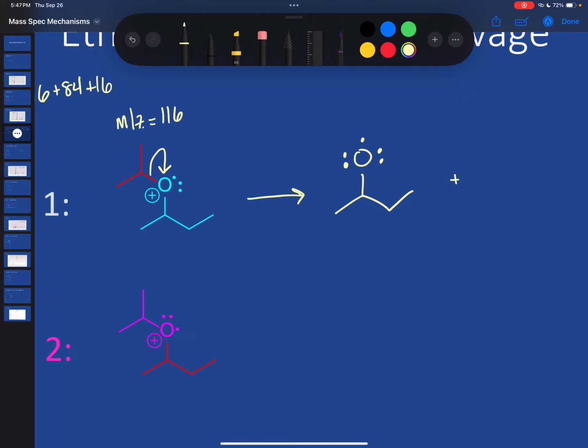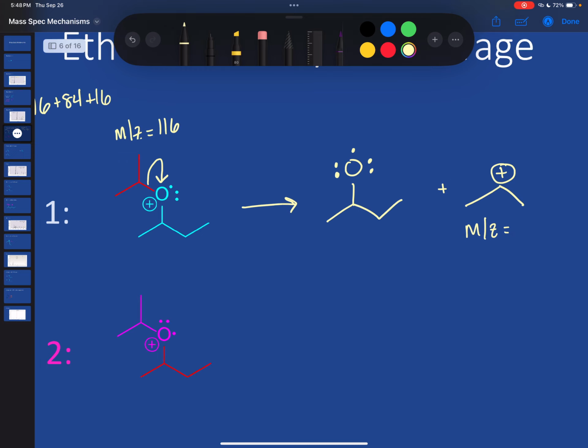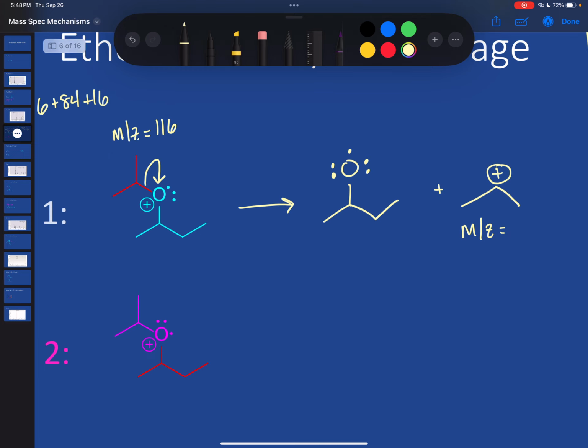And then the other fragment is going to be the carbons of the isopropyl group, where the middle carbon was the carbon that was bonded to oxygen. Since it lost that bond, it now is going to have a positive charge. Since that is where the cation is, that will be the species the mass spec will see.